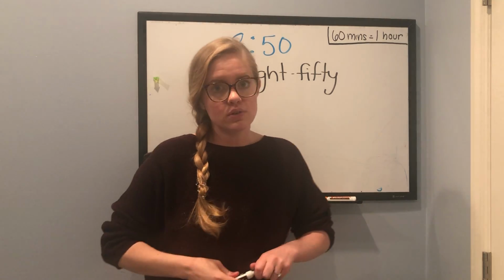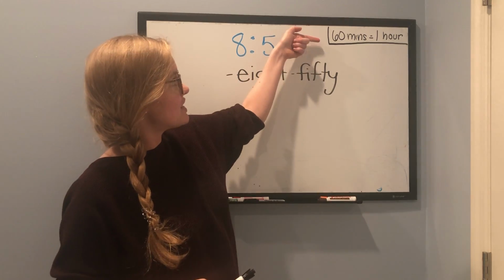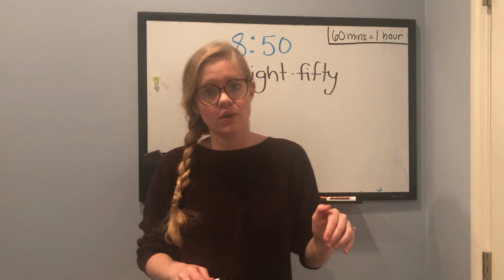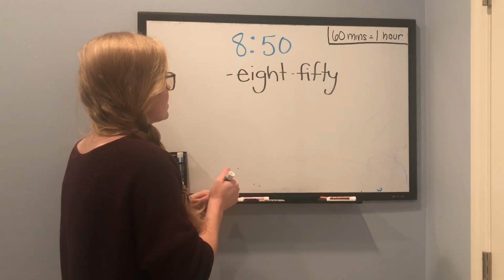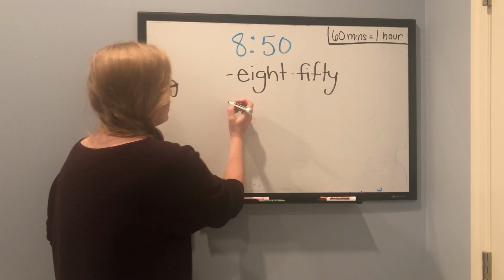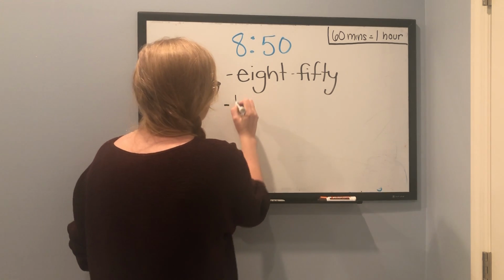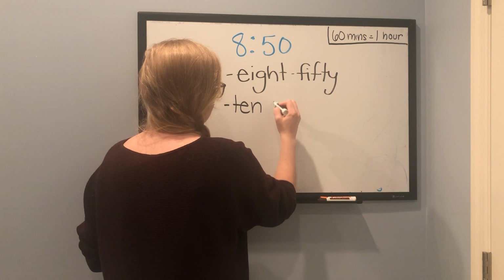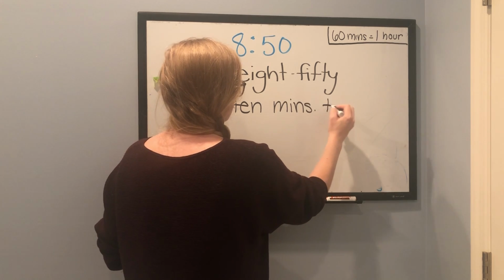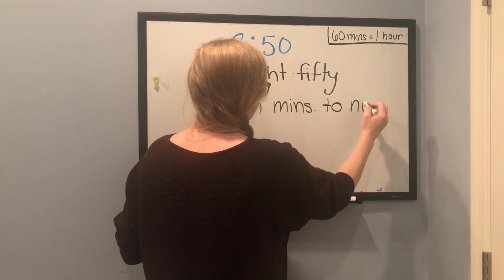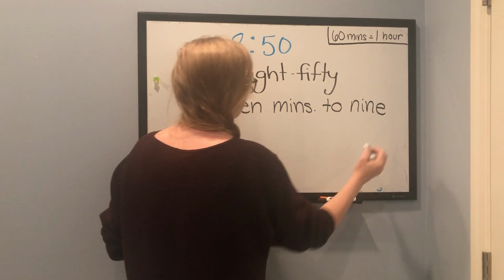So the other two have to do with there being 60 minutes in 1 hour, okay? So the second way that we could say this, we would say 10 minutes to 9.